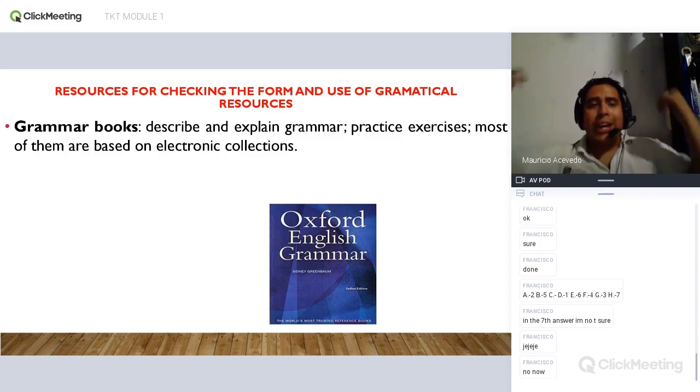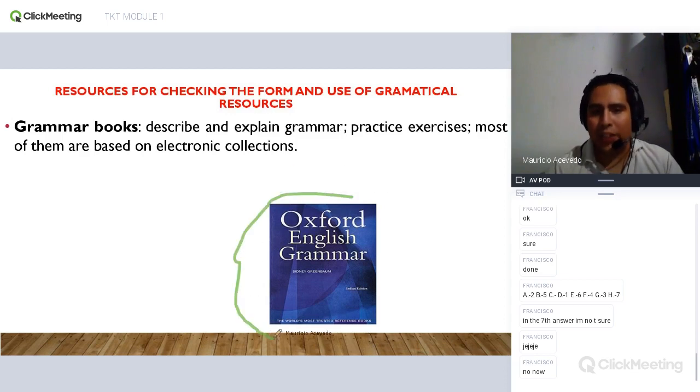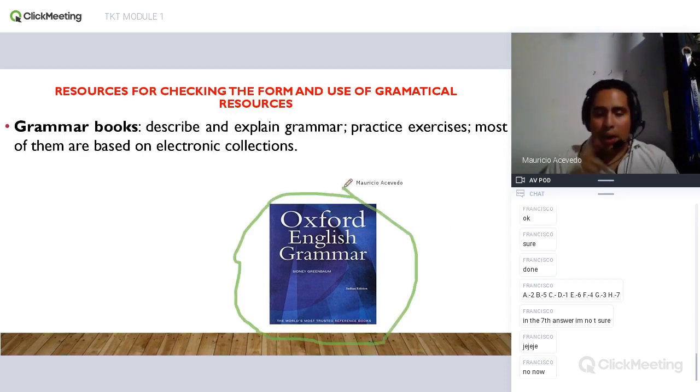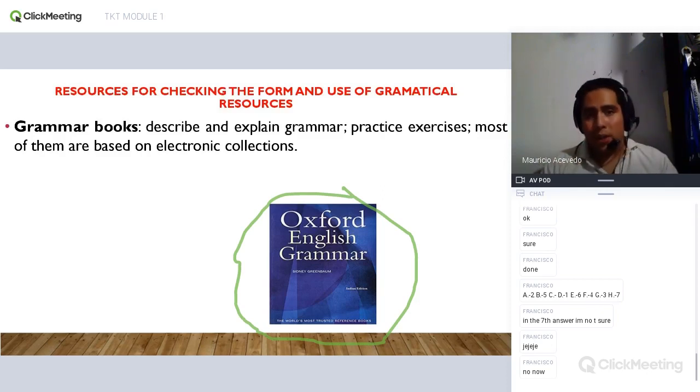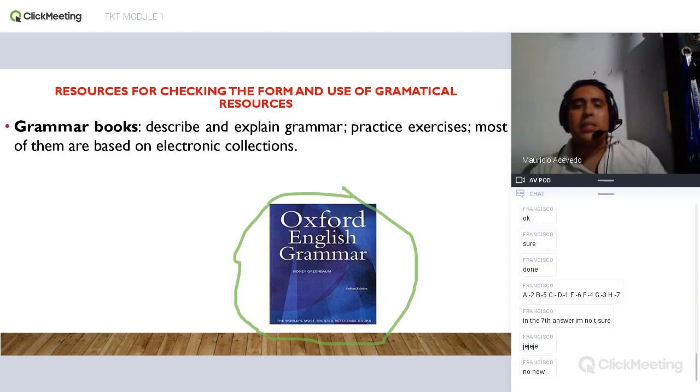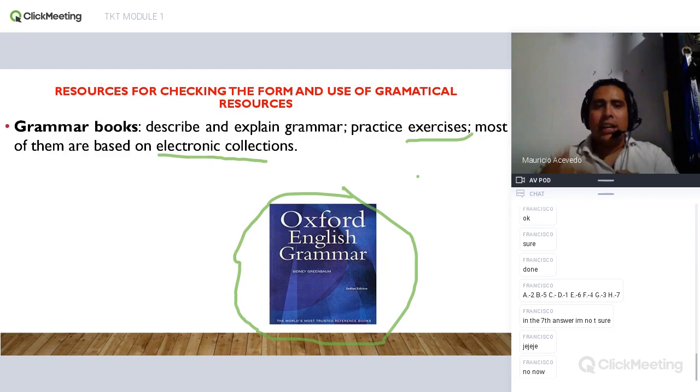A grammar book is a book like this one that we have here, called Oxford English Grammar, in which you will have all the explanation of tenses, the parts of speech, such as determiners, nouns, pronouns, verbs, adjectives, adverbs. You have all the grammar here, all the functions, all the forms. And a good thing is that you have practice in most of these books, and you have electronic collections. That means that there are collections for each book. So remember, Francisco, grammar books.